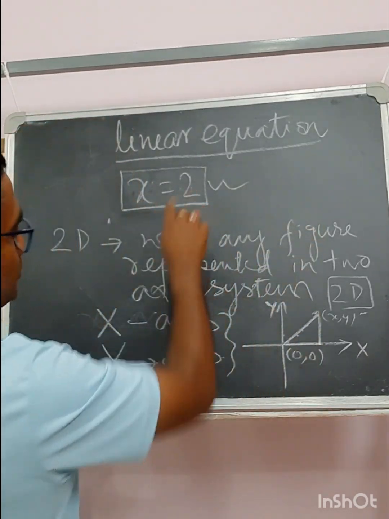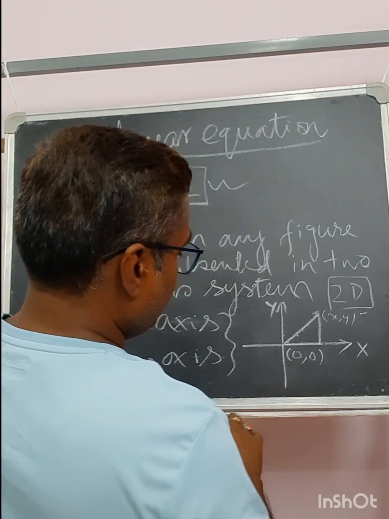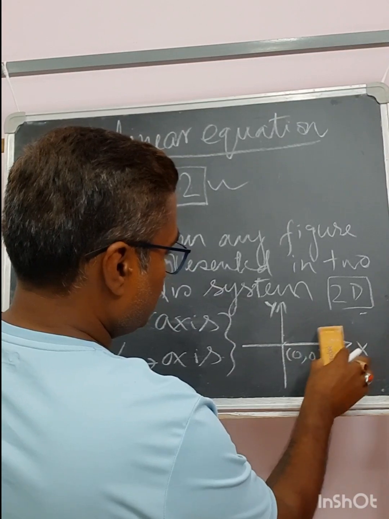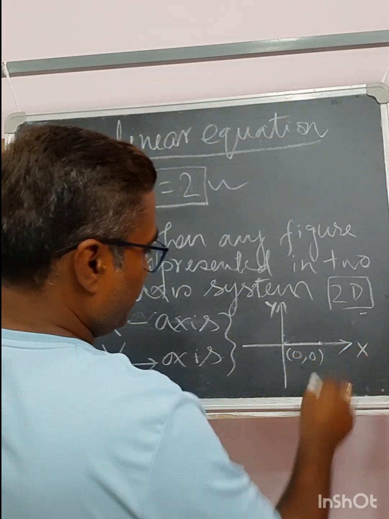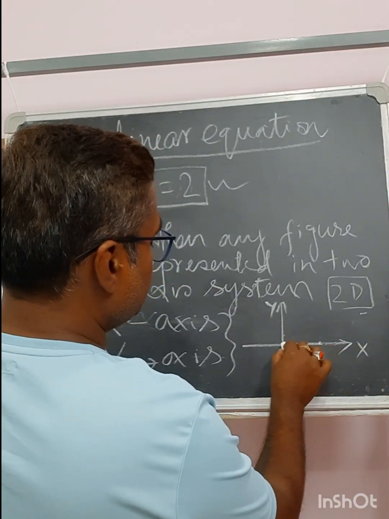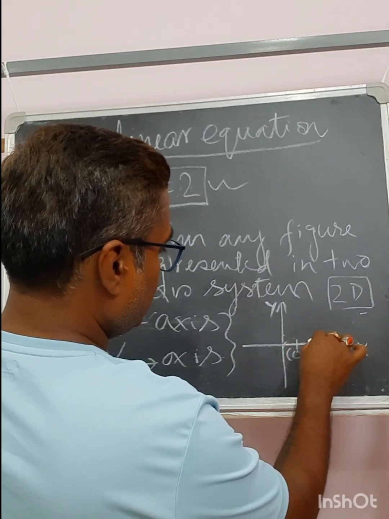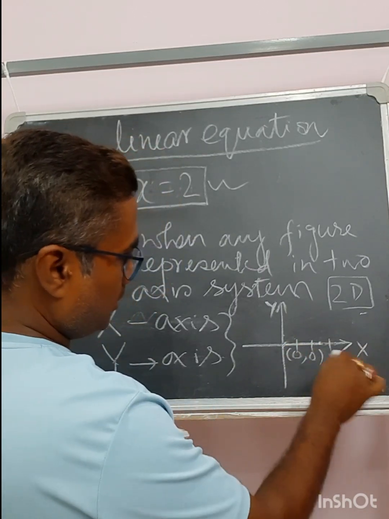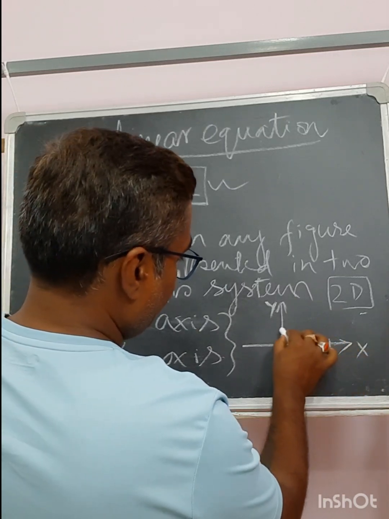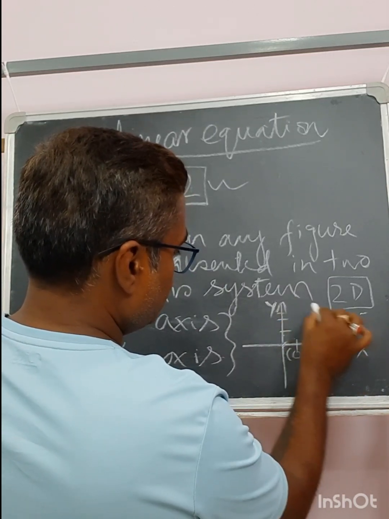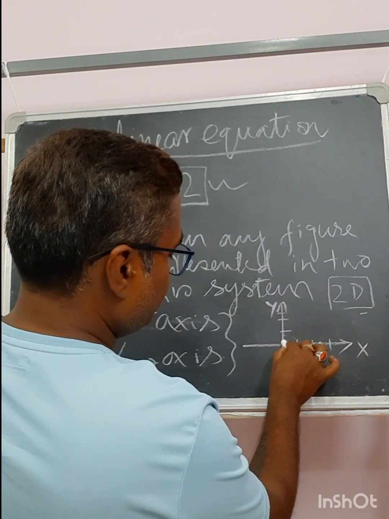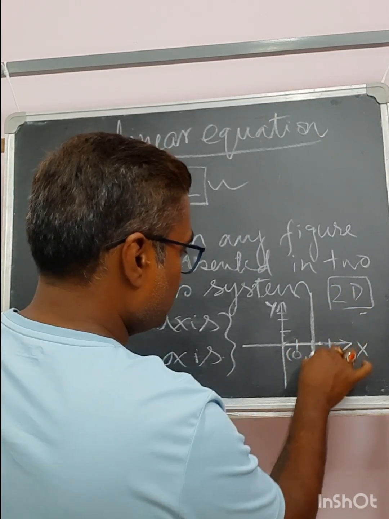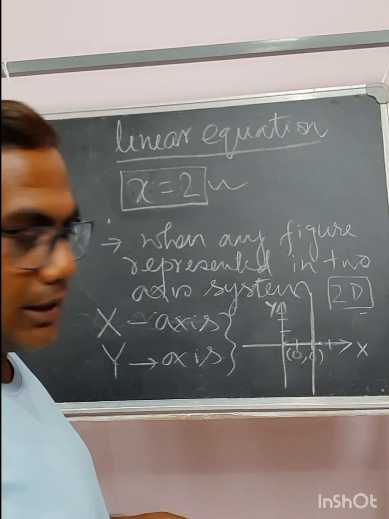Now this x is equal to 2 means, if I assume this is drawn on this plane, and I divide this x-axis into equal unit divisions, and the same on the y-axis, then from 0, 1, 2, if I draw x is equal to 2, this will be a line itself.